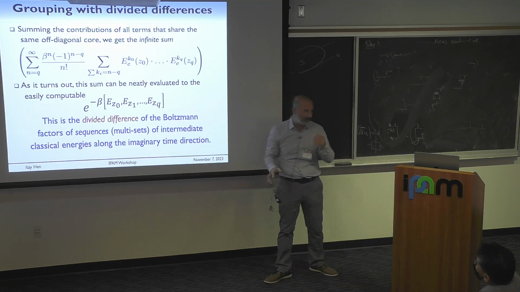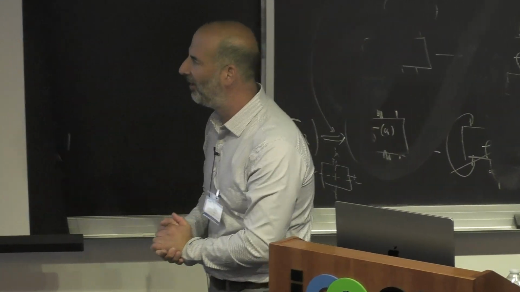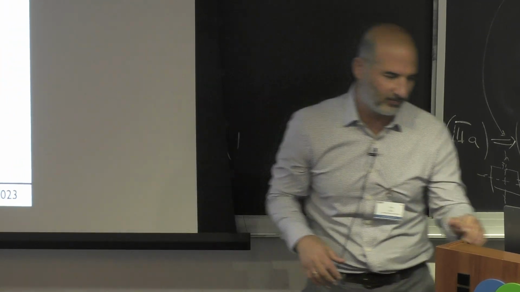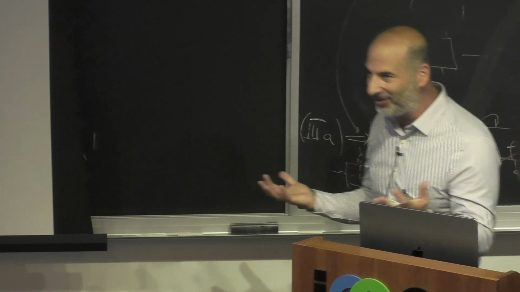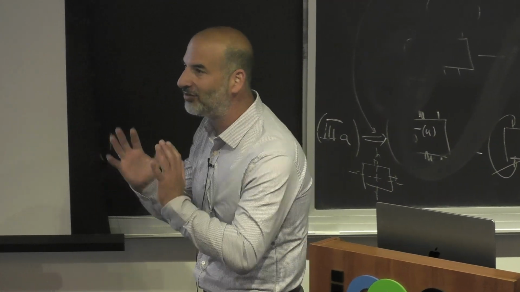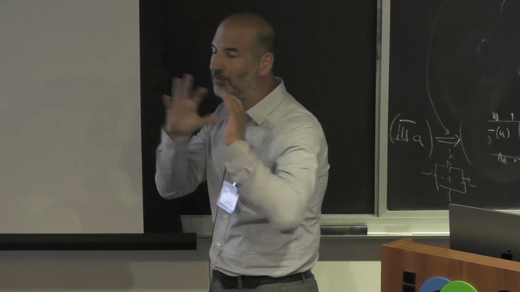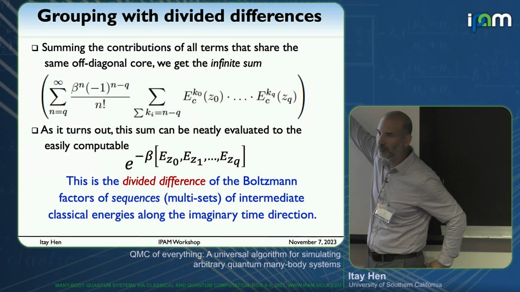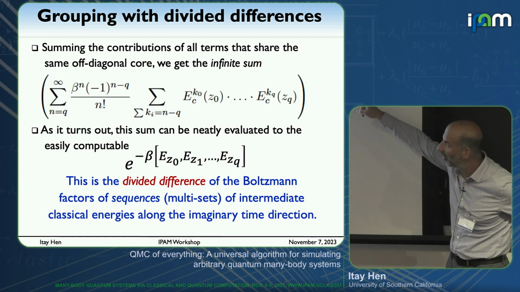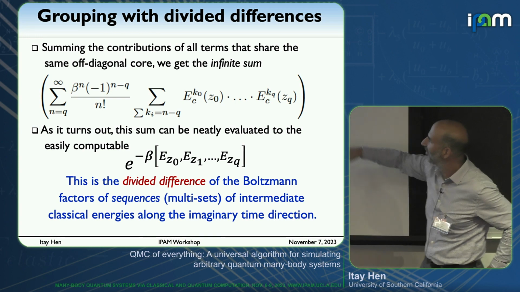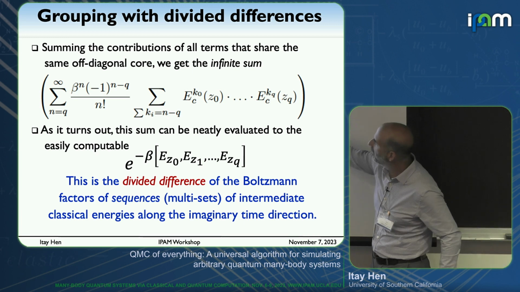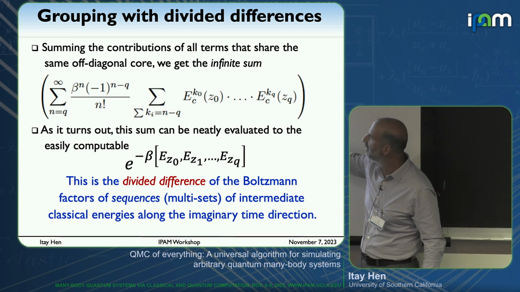I'm not going to go into divided differences. This is something that I think Newton invented. It's really an old mathematical structure that I know from experience that not many people are familiar with. However, I will try to explain to you what that is. The most important thing is that this terrible sum, that if you try to sum it on a computer, will take you infinity time, and if you truncate it, just an exponential time, can be reduced to what we call a divided difference.